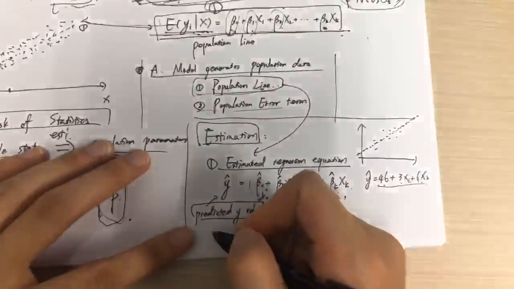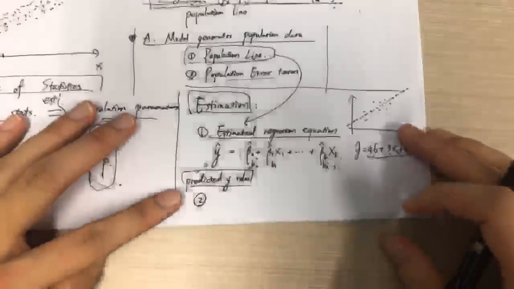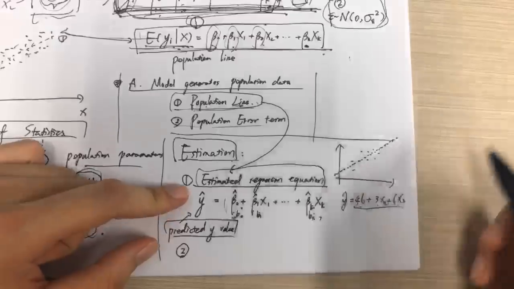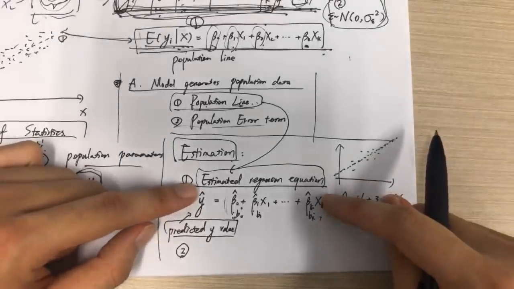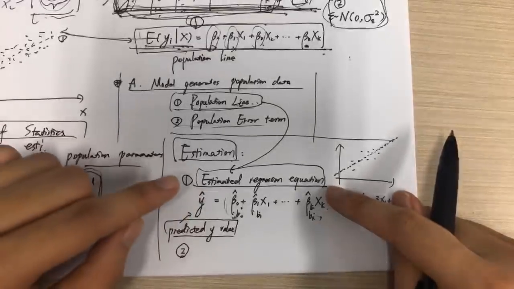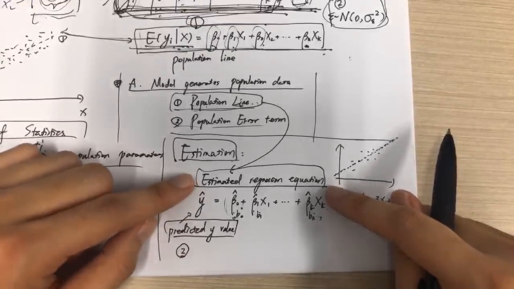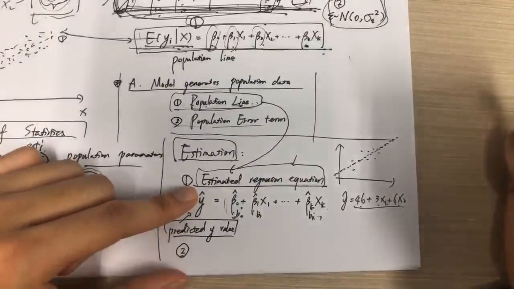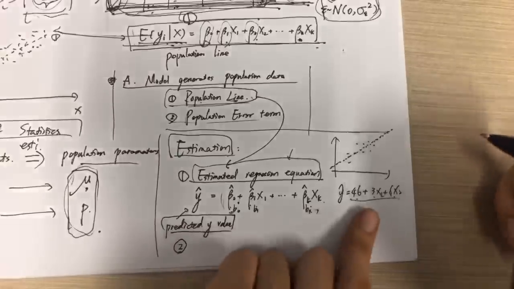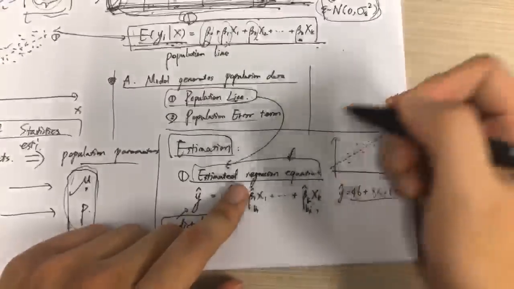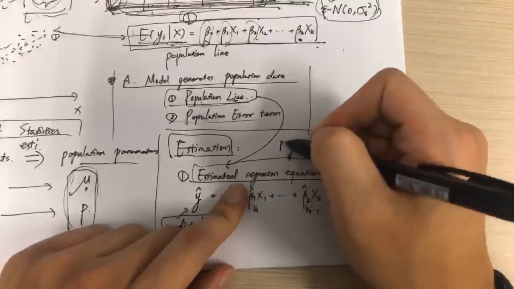Before we move on to the second thing, let's think about why we calculate this estimated regression equation. Some of you got the right answer. We apply this estimated regression equation for prediction purposes.